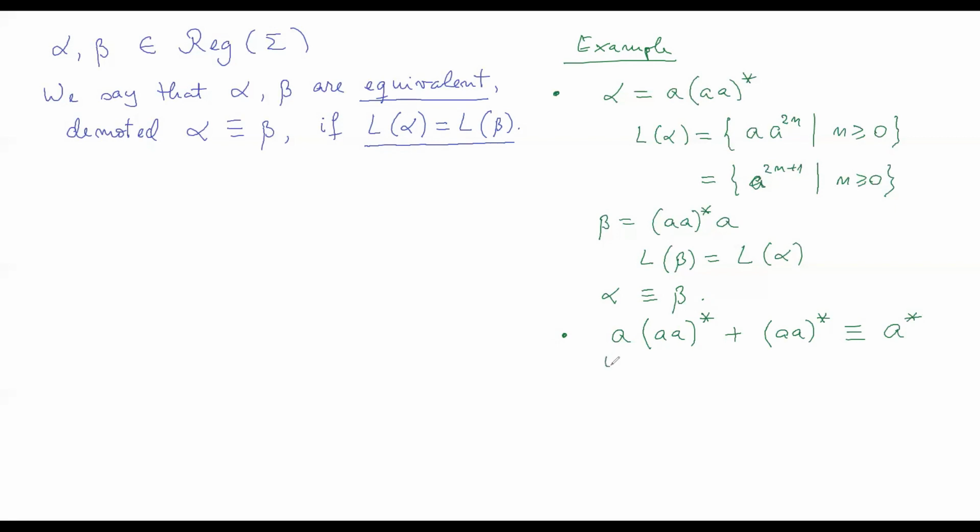Simply because, as we have observed here, this is all the odd sequences of A, and these are all the even sequences of A. So by taking all the odd sequences and all the even sequences, we have all the sequences of A.